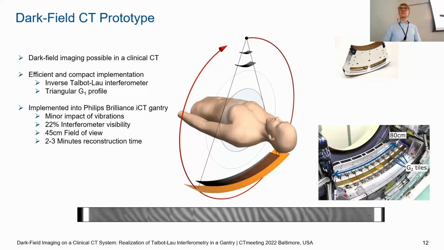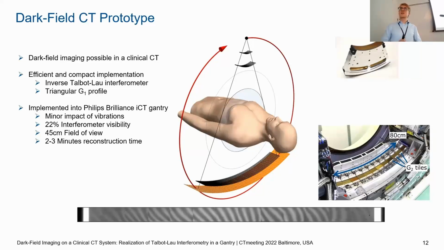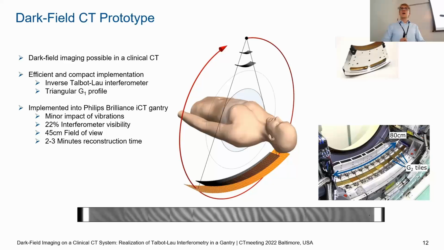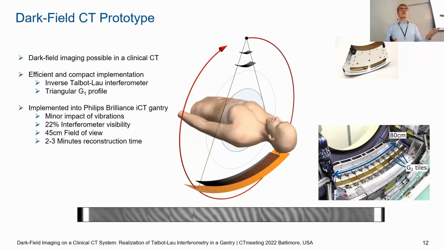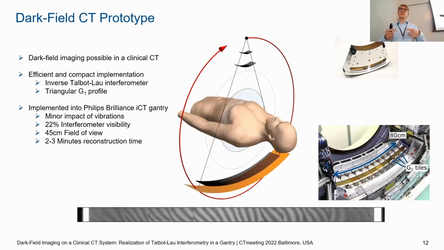Can you maybe also comment on the quality of the conventional attenuation images, because there's a loss in dose due to your G2 grating? Yes. On the dose, in the following presentation there will be some information on this. But for now, we are measuring with 80 kV, and so we have a pretty low dose compared to other CT measurements with 120 kV.